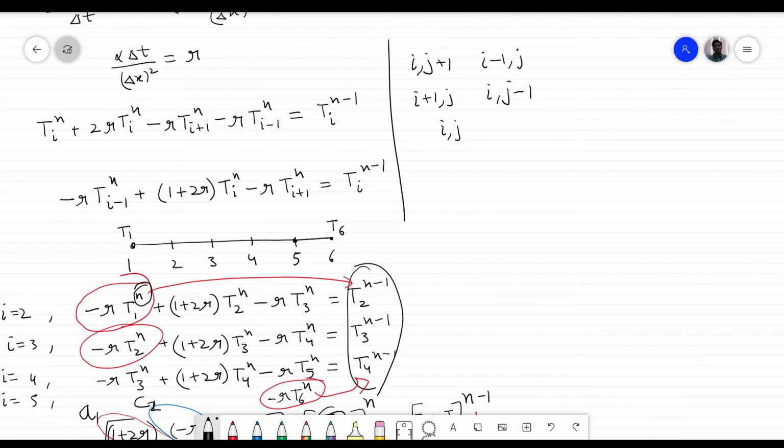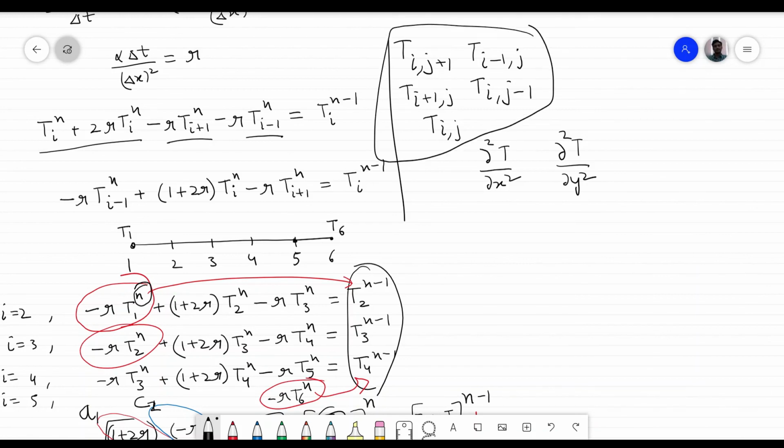You will have all these from both the central differences for del 2 T by del x square as well as del 2 T by del y square. So instead of just these three terms, you will have these five terms. So instead of 3 unknowns, you will have 5 unknowns.